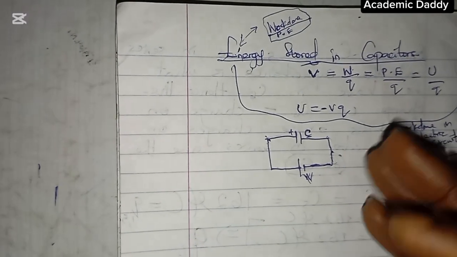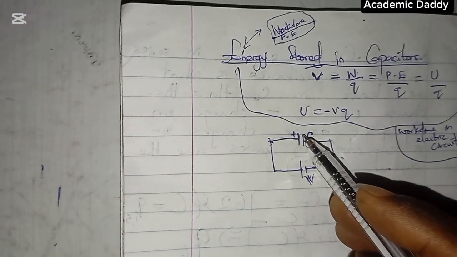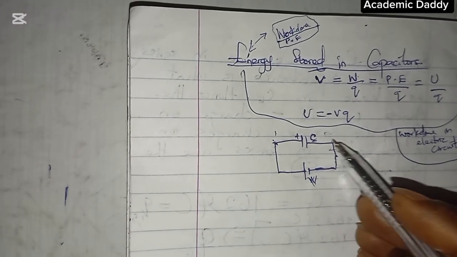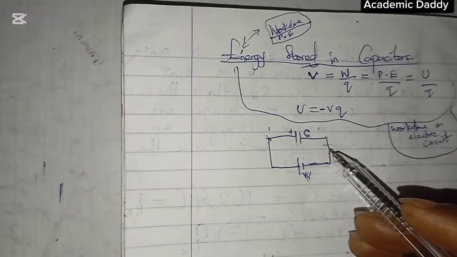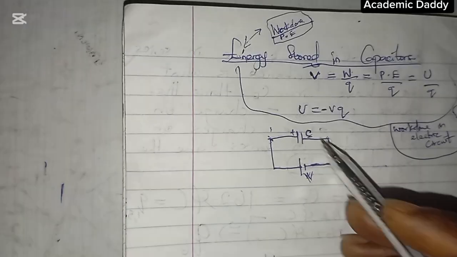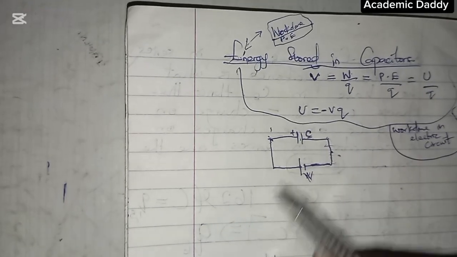I can recover it when I connect maybe another capacitor and it gives charge to it. So I can now say that it is recoverable, like I can recover it when I allow this capacitor to discharge.